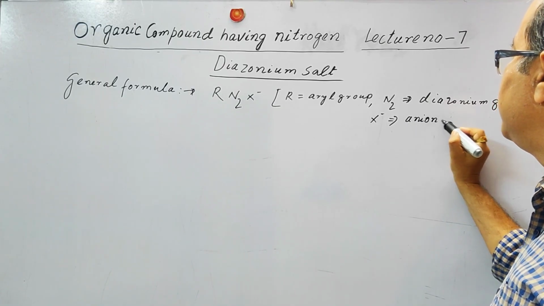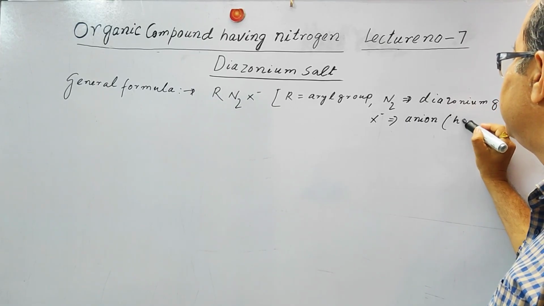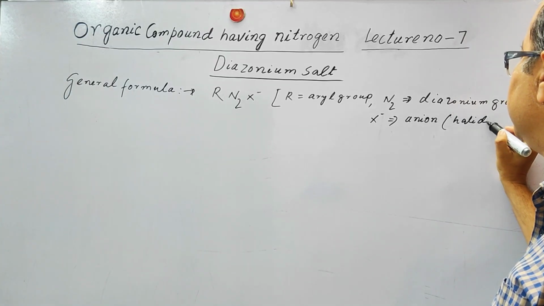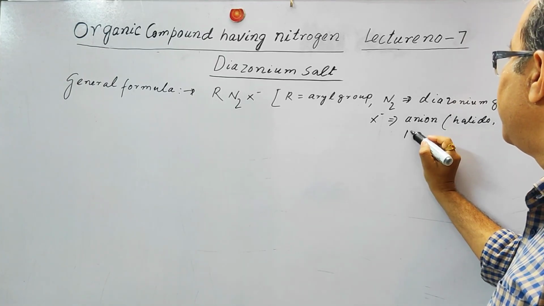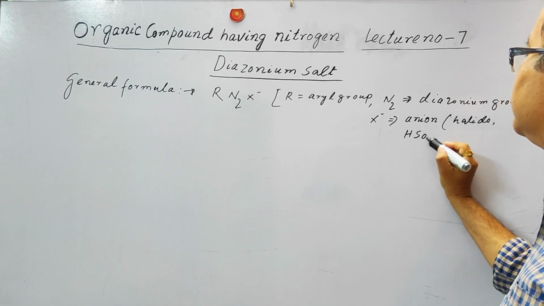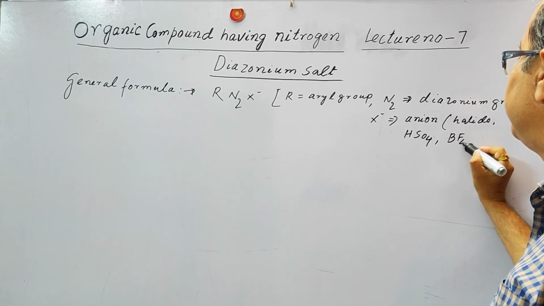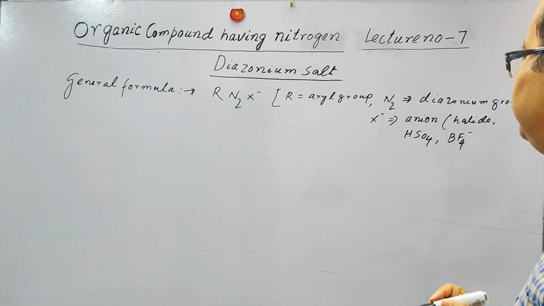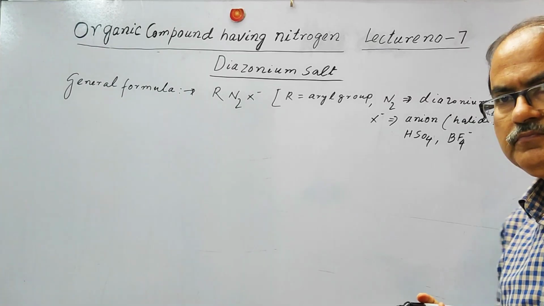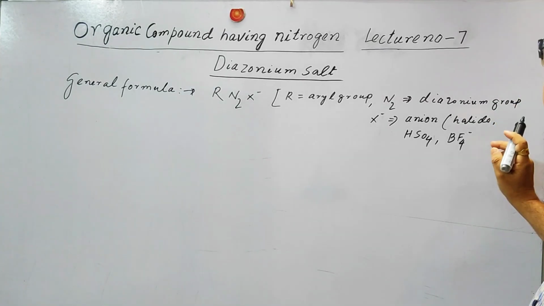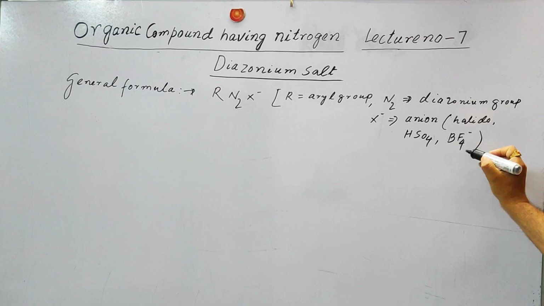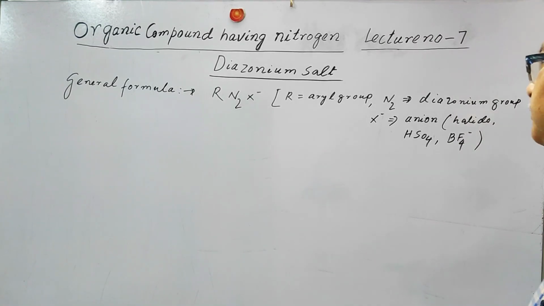These anions may be a halide ion, a hydrogen sulfate ion, or a BF4 minus ion. So this is the thing.